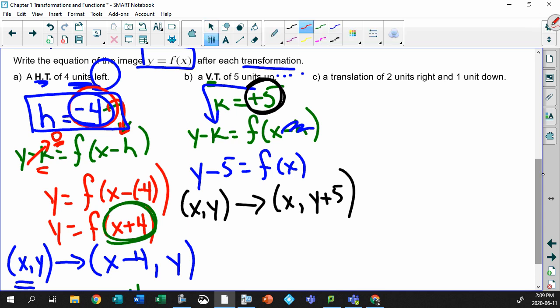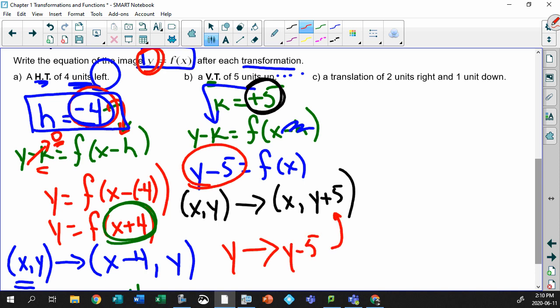Replacement notation means what did you do to the original y? I took the original y and put y minus 5, so the original y becomes y minus 5. Look how these two differ. It's the signs that mean everything here. This is replacement because this is what I put into the equation to give me y minus 5. What does it mean? It means y goes up by 5.